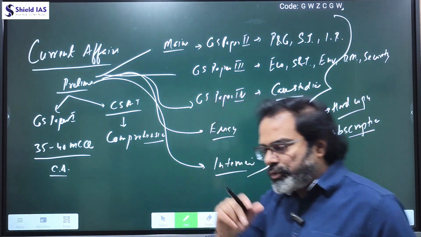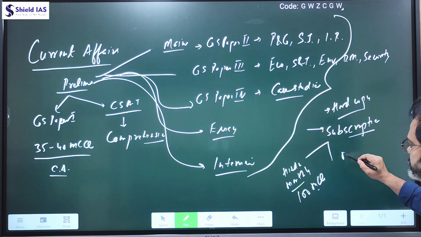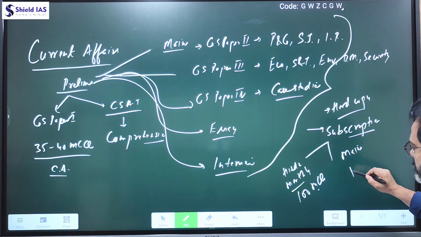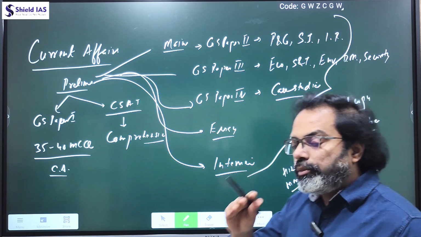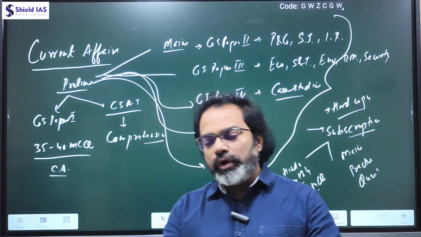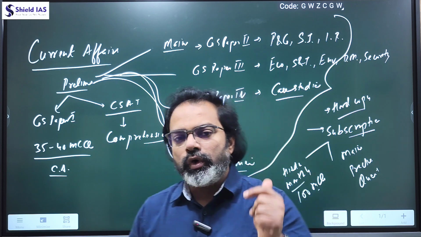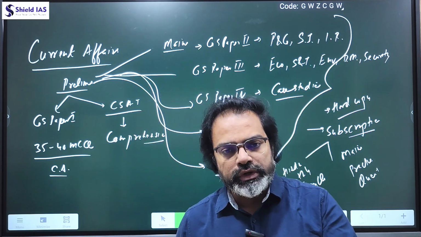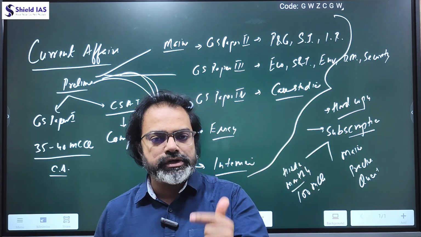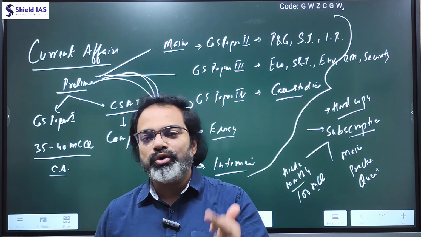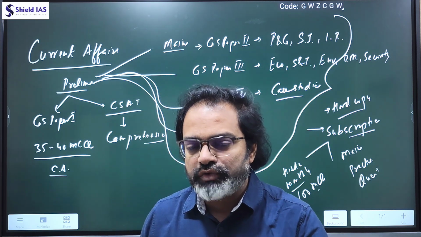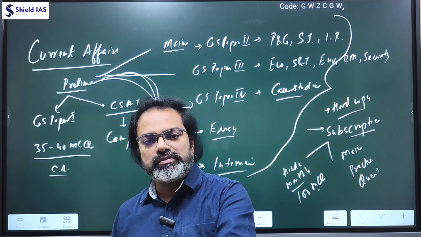One more complementary thing is the mains practice questions with possible answers. That means if you subscribe to the monthly current affairs magazine, you get two supplements: a monthly quiz comprising 100 current affairs MCQs, and current affairs based practice questions for the mains examination with possible answers.